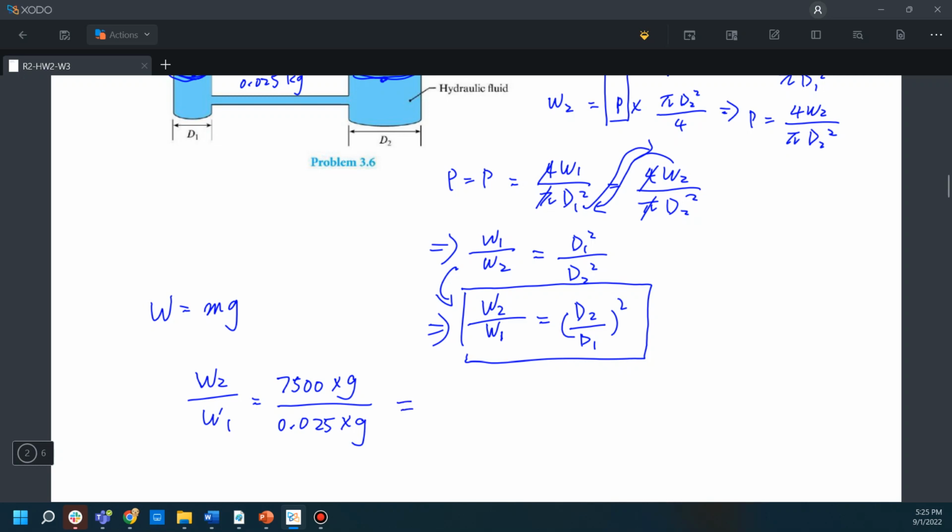So this will give the value 300,000, so 300,000.